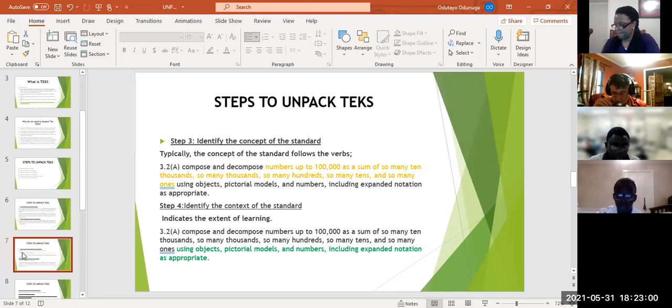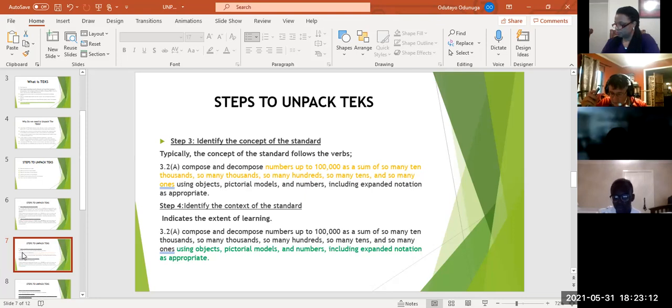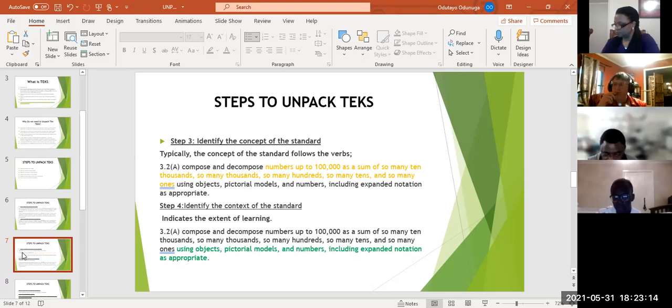Thank you. So mine, I chose 3.2b, which says describe the mathematical relationships found in the base 10 place value system through the 100,000th place. So, of course, the verb there is describe, and then the concept is to know relationships.